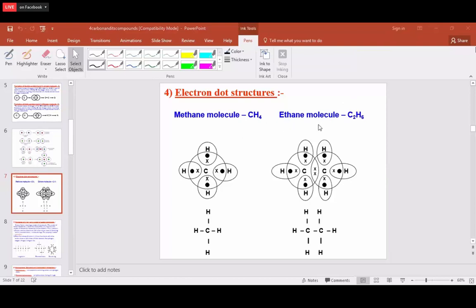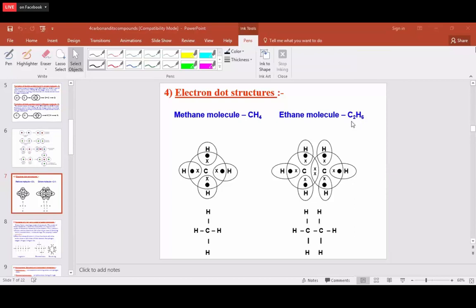Next one is ethane. The molecular formula for ethane is C2H6. So there are 2 carbon atoms and 6 hydrogen atoms present in this. In this case, there are 2 kinds of atoms present in ethane, one is carbon, another one is hydrogen.